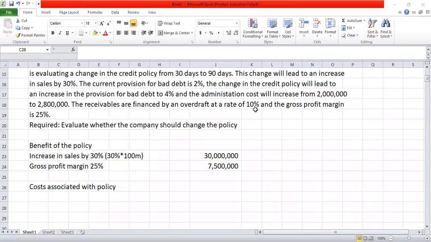Okay, I've got it. So the first is going to be the increase in bad debt.